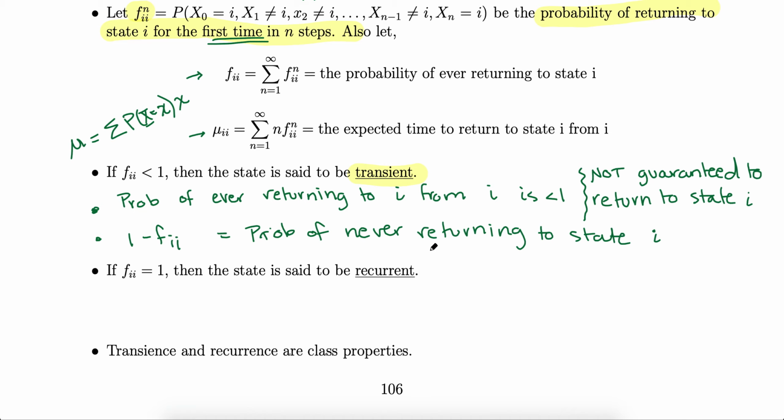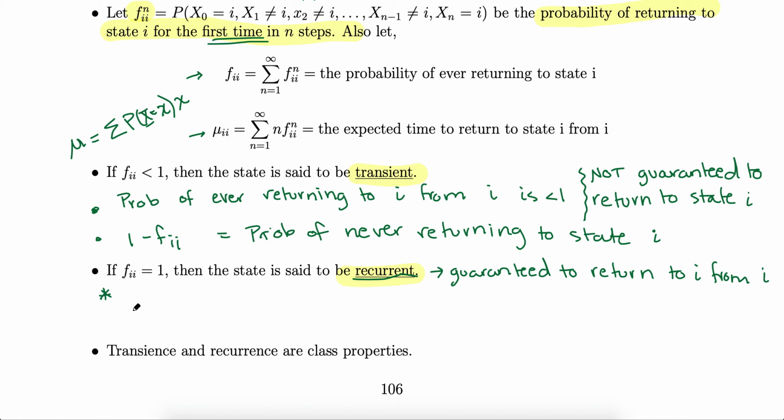On the other hand, recurrent tells us we are guaranteed to return to state I. This F_ii is equal to 1. This can happen in a couple of ways. So again, let me make the note here: we are guaranteed to return to I from I. All right, this can happen a couple of different ways.